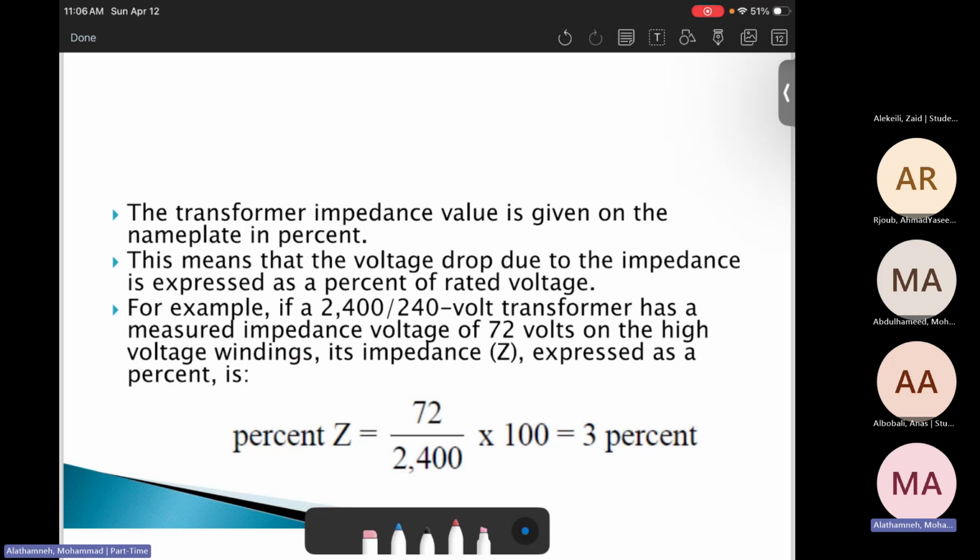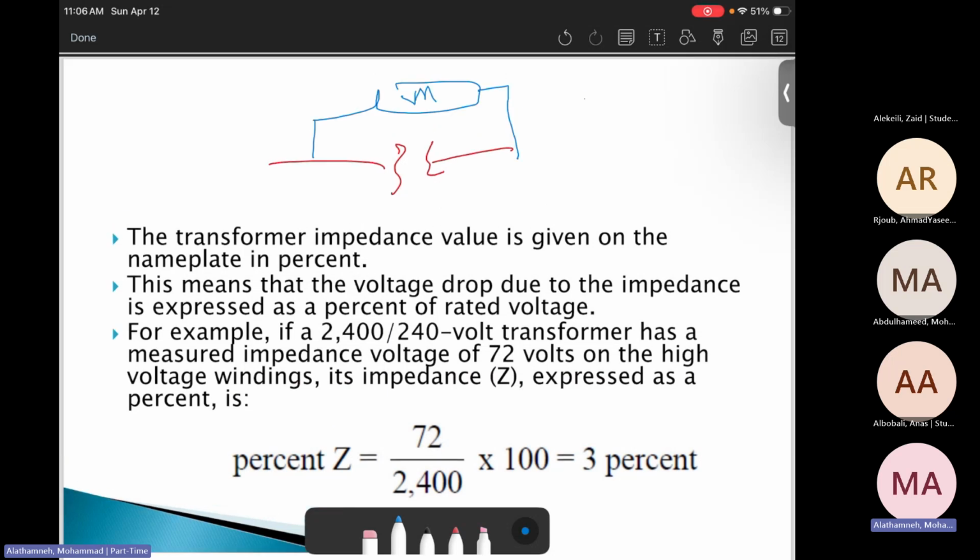What you will do is put a voltmeter here and measure the voltage. The voltage drop here, delta V, is for example 72 volts. Then look at the primary voltage here. The primary voltage is, in this example, 2,400.